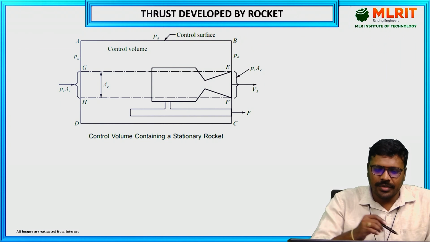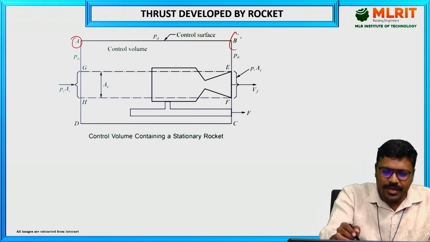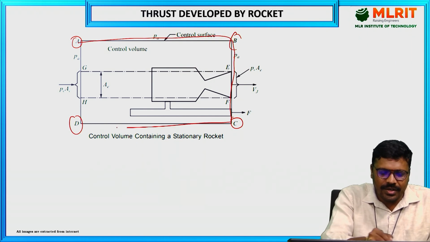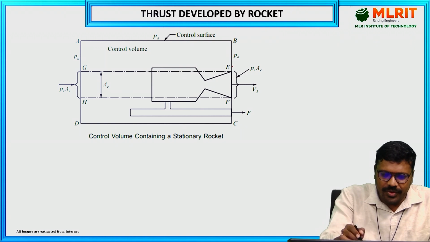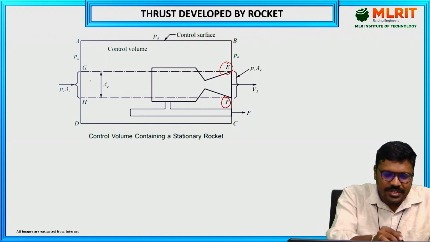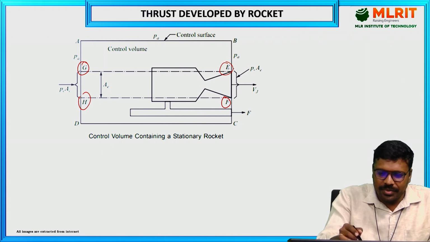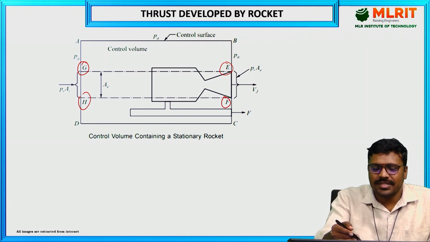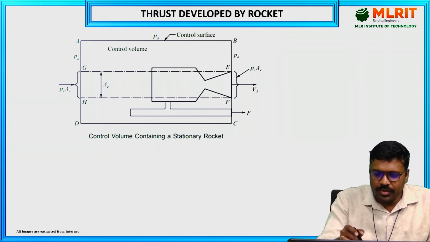Here, coming to the parameters. This is the control volume ABCD, which we are considering in this diagram. The dotted lines EF and GH are taken to differentiate the rocket nozzle exit and the remaining control volume.